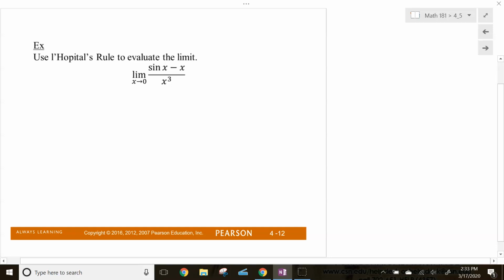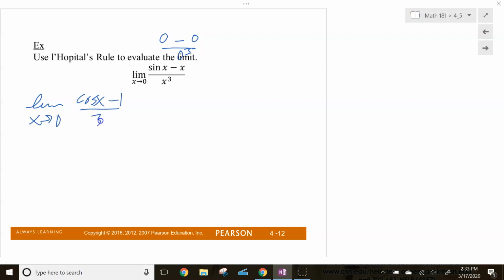All right, let's use L'Hopital's rule here to evaluate. Again, make sure when you directly substitute right now, sine of 0 is 0, minus 0 over 0 cubed. Okay, we got 0 over 0. So L'Hopital's rule does apply. So let's go ahead and take the derivative of sine, which is cosine. Take the derivative of x cubed, which is 3x squared.